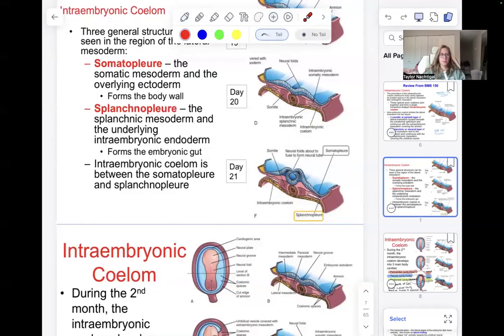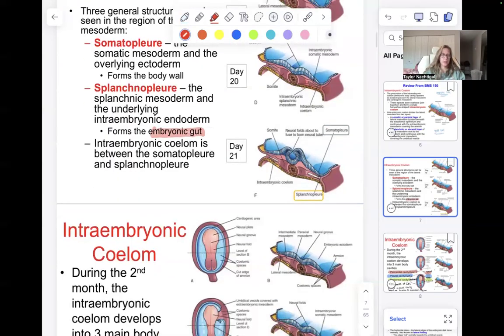Sorry guys, my little laser pointer is not working, but that's okay. I'm just going to use pen instead. The splanchnopleure here is going to give rise to much of the embryonic gut tissue. So like the stomach, the gastrointestinal tract, the spleen, the liver, the pancreas, etc., which we're going to see as this lecture progresses.